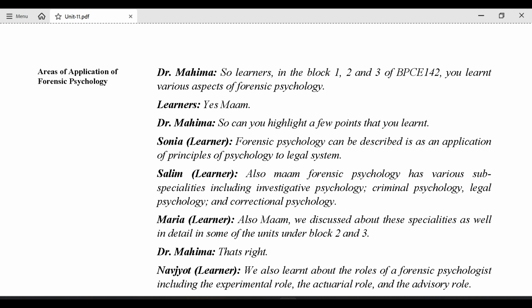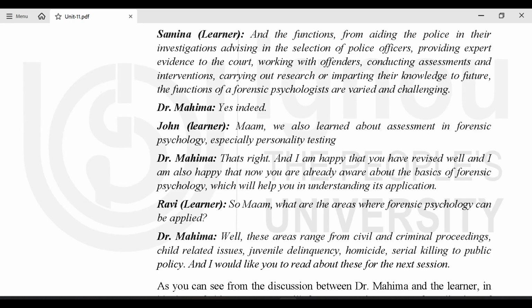Navjio: We also learnt about the roles of a forensic psychologist including the experimental role, the actuarial role, and the advisory role. Samina: And the functions, from aiding the police in their investigations, advising in the selection of police officers, providing expert evidence to the court, working with offenders, conducting assessments and interventions, carrying out research or imparting their knowledge to future generations.